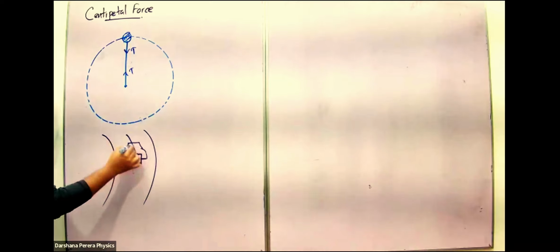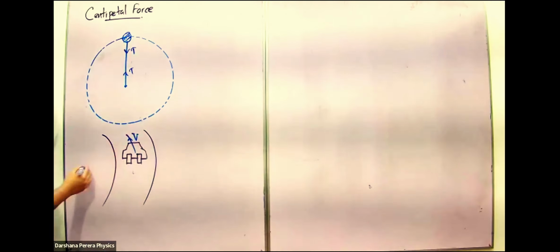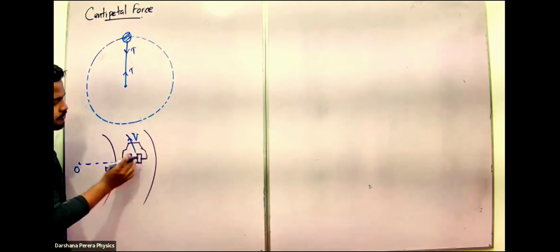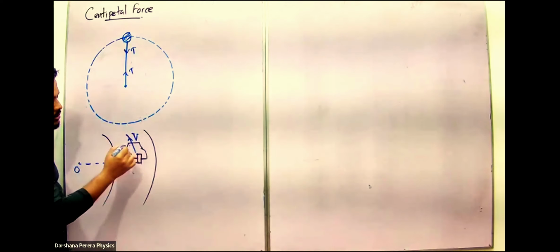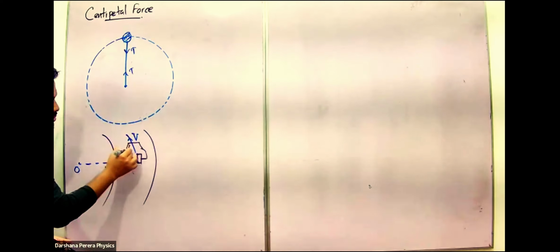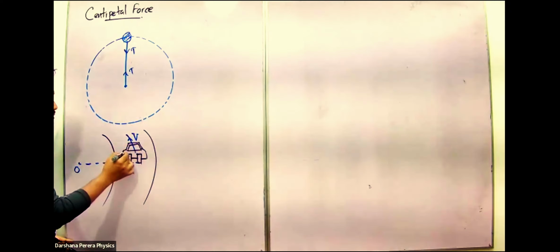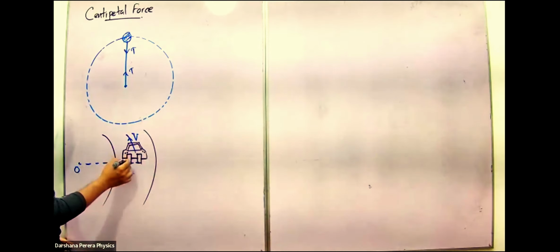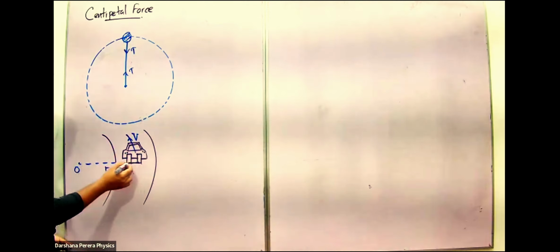When the vehicle moves along a circular bend of radius r, going like this, what is the centripetal force?